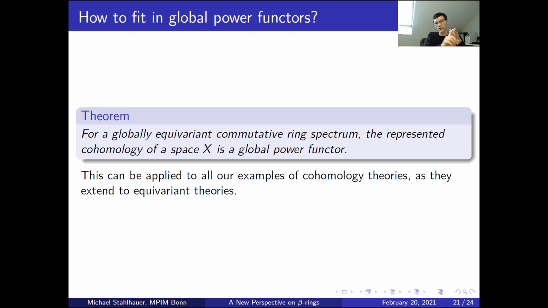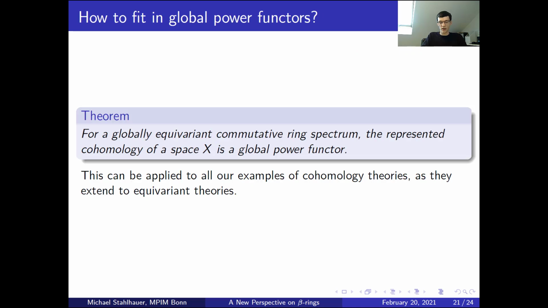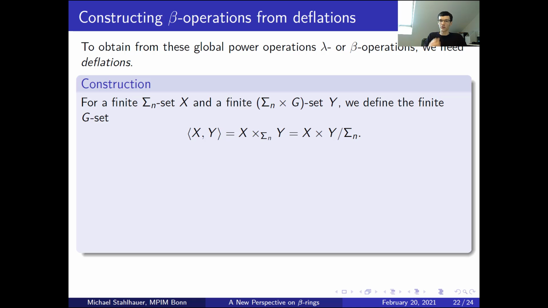So there's equivariant K-theory, there's equivariant cohomotopy, and there are also equivariant singular cohomology theories, so Bredon cohomology, these things. So in this way, we have a connection to the topological side, and we also can reconstruct, for example, beta operations from this global power operation on the Burnside ring.